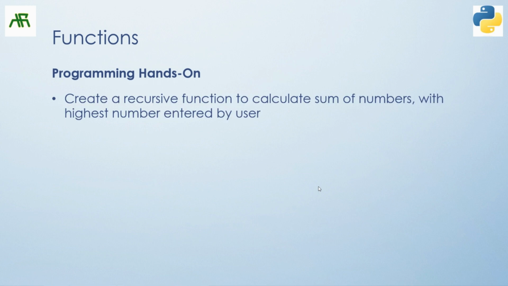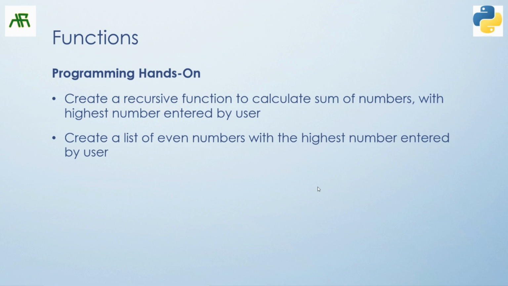Create a recursive function to calculate the sum of numbers with the highest number being entered by the user. Receive the highest number from the user and create a recursive function to calculate the sum of numbers, meaning first and second number, and the result plus third number, result plus fourth number, keep printing. Create a list of even numbers with the highest number entered by the user.